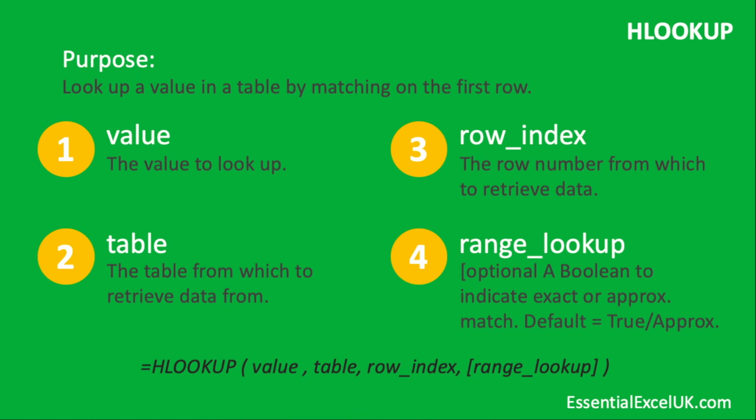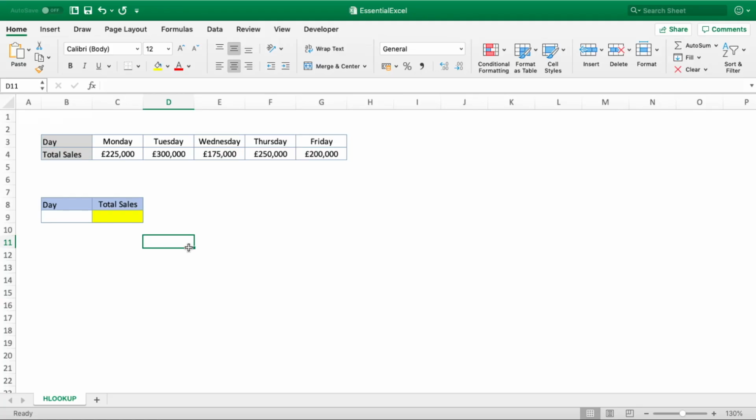Okay, so we've now jumped into Excel and we're going to work through an example using the HLOOKUP function. It'll be a very simple example just to show you how it works, but it can be applied to much more complex solutions than the one we have in front of us today. We have two pieces of information in rows 3 and 4.